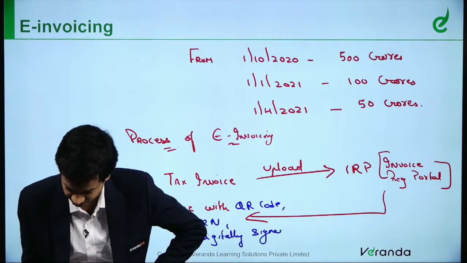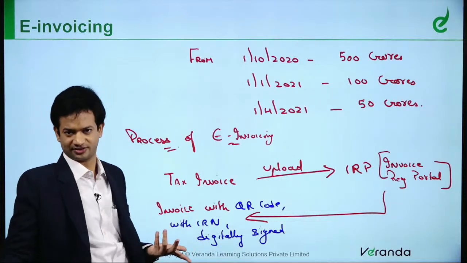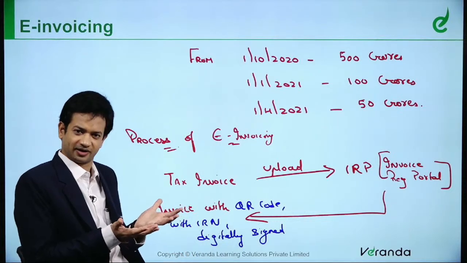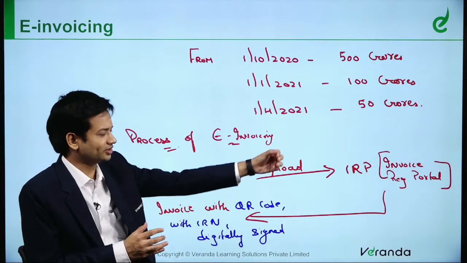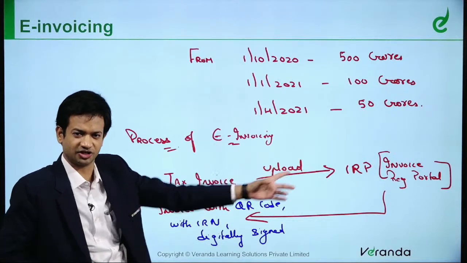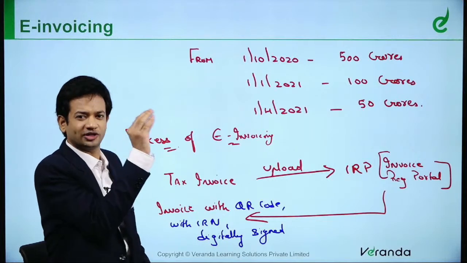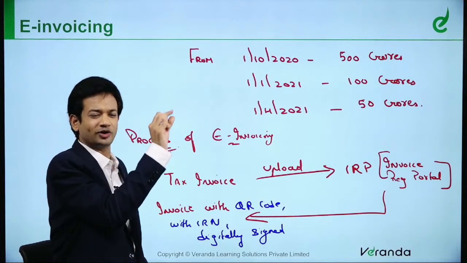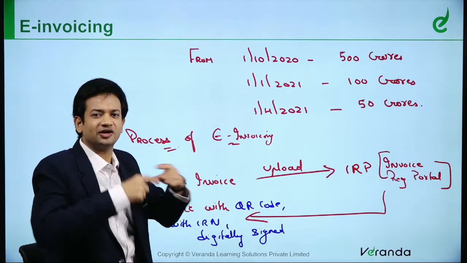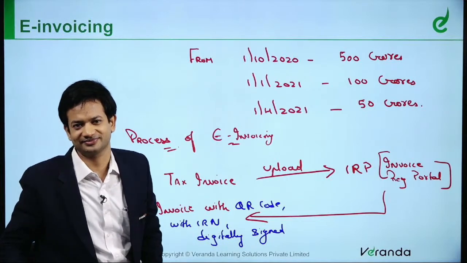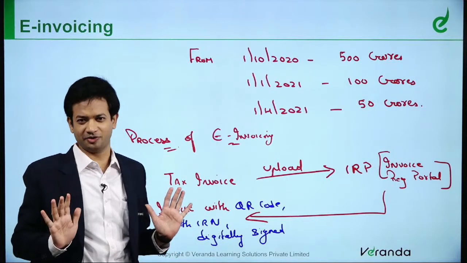So basically that becomes an e-invoice, that's it. It's a normal invoice which I prepare. I upload it in the invoice registration portal, I register there, and I get a QR code, which I have to mention in the invoice. That QR code will be embedded with the IRN number, that's it. Simple, right? So that's an e-invoice.